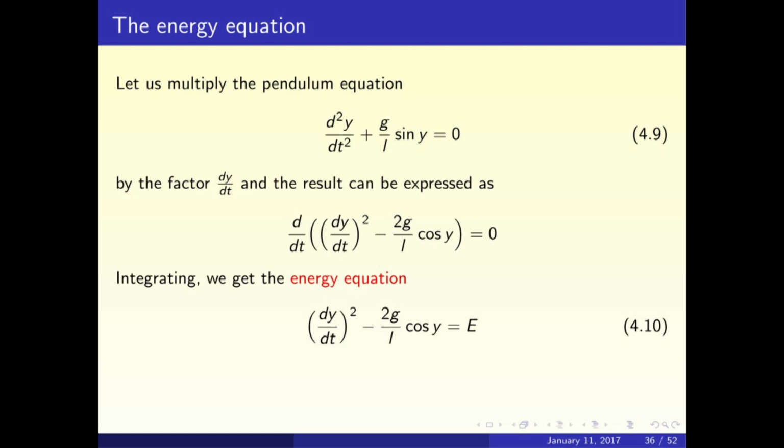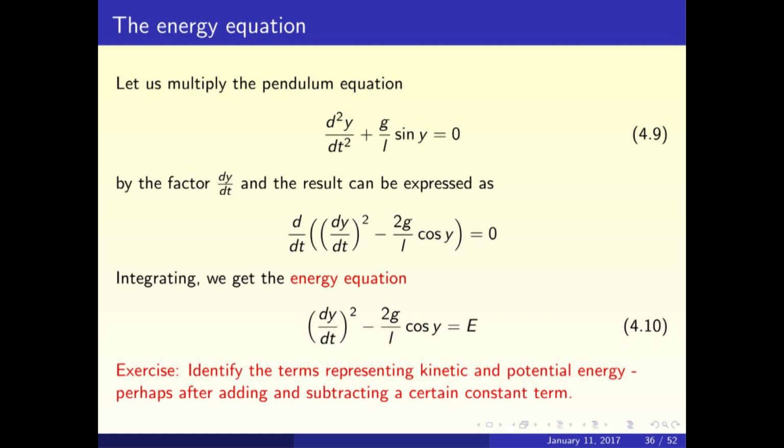That's exactly what you see in the next display in the slide. d/dt of (dy by dt) the whole squared minus 2g by L cosine y is 0. So integrate this and you get (dy by dt) the whole squared minus 2g by L cosine y equals E. Again I use the letter E for the constant of integration. There is an obvious reason for it.